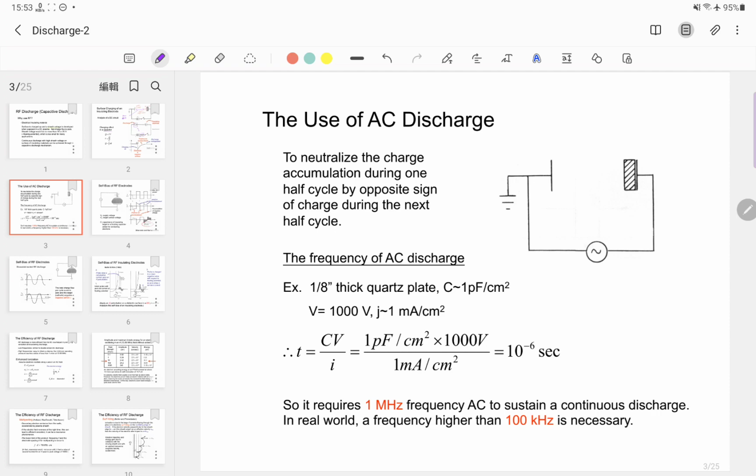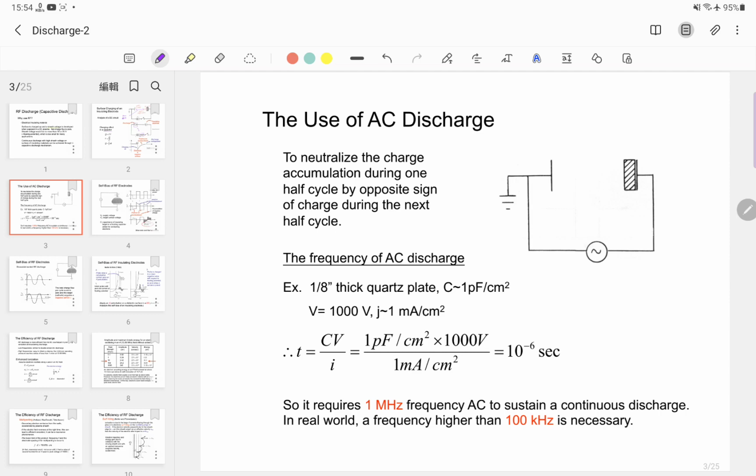So it depends on your applications. You can choose the frequency of the plasma power supply. But usually, in industry, the standard frequency is 13.56 megahertz. So if we use an RF power supply, we can generate a continuous discharge, or continuous plasma.